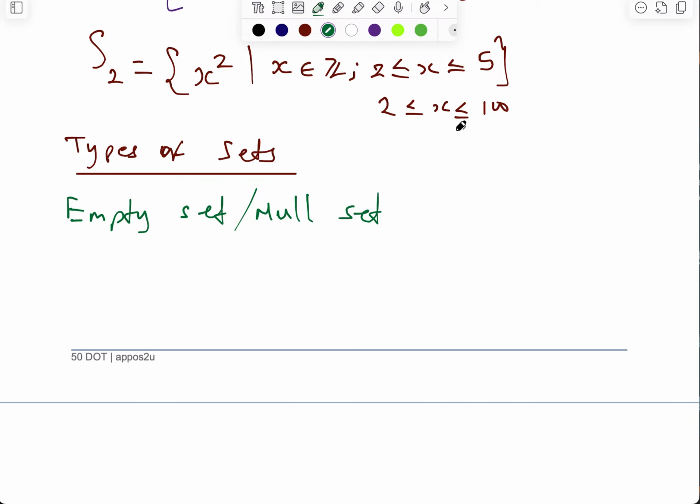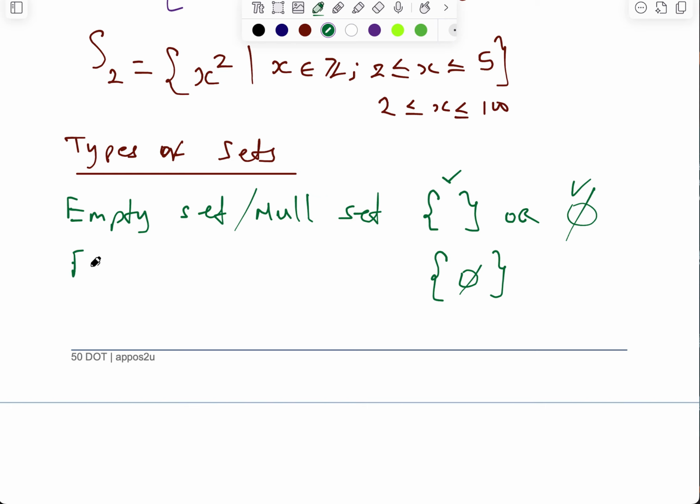So from the name, it is a set that contains nothing. It is either denoted using this symbol or using this symbol phi. Some students make the mistake of defining the empty set like this. No, this is wrong. This is no longer an empty set. So it's either you use this or you use this. You don't use both together. So empty set is a set that contains nothing.